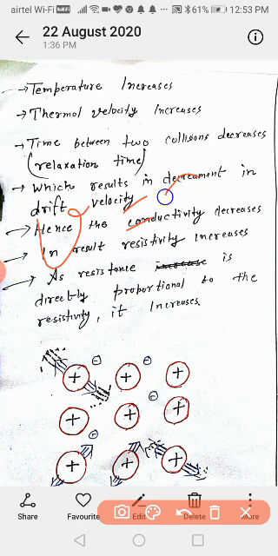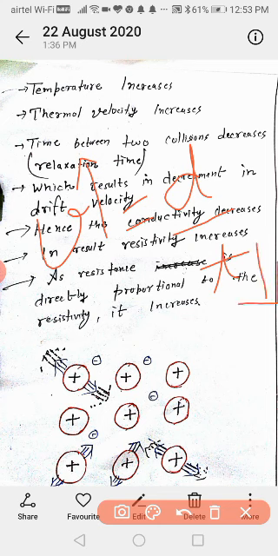we know the formula v equals distance upon time. This is the basic formula, and we know it by basic mathematics. So if the velocity increases, and if the distance is more or less the same, then the time decreases. So if the time between two collisions decreases, then there will be more collisions.